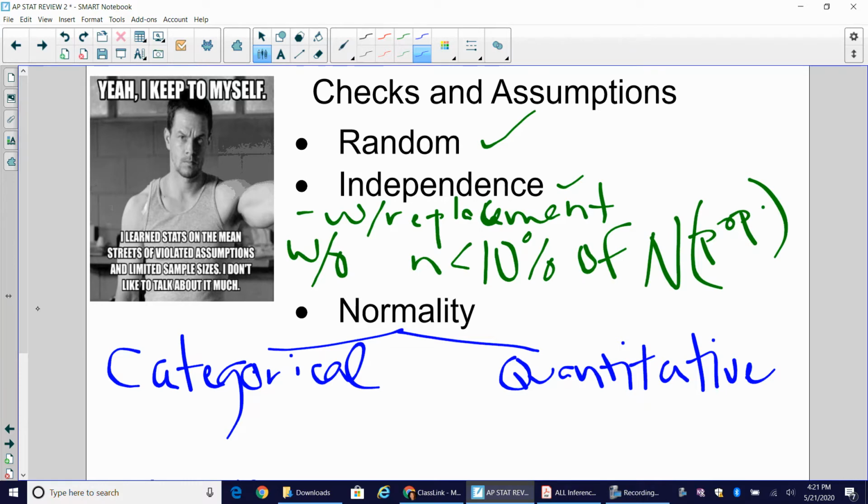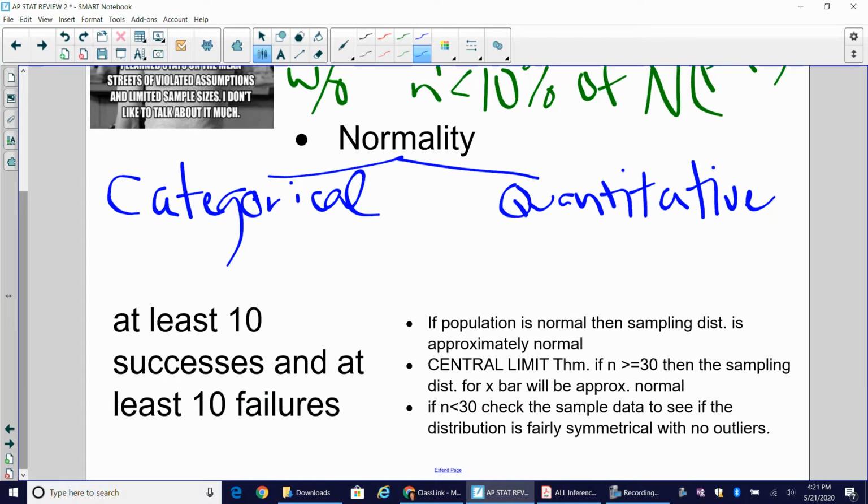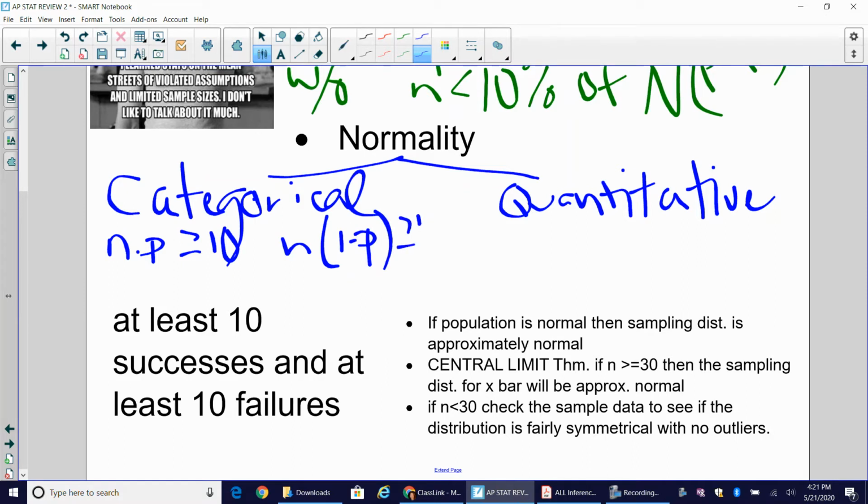So analyzing if your sample is large enough with categorical means, do you have at least 10 successes and at least 10 failures? Now, the calculations will need to be shown for this. Is n times p greater than or equal to 10, and n times 1 minus p also greater than or equal to 10? And if you have more than one sample, you have to do this with each sample.